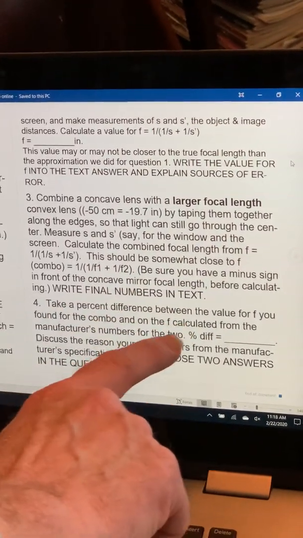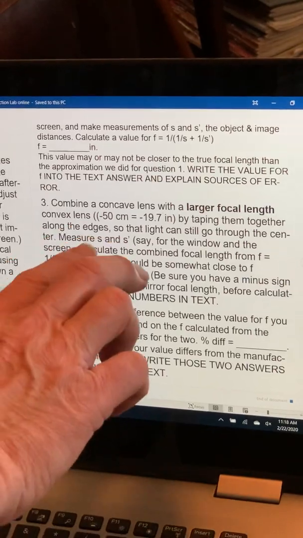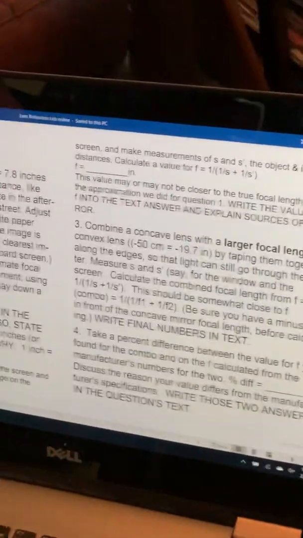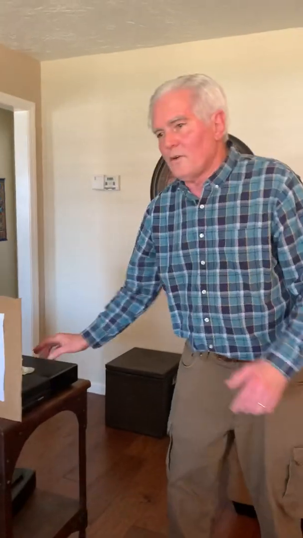So you write those numbers into the text for question 3, and you go on to question 4, and you want to get the percent difference between the calculated value from the actual focal lengths produced by the company and the value that you estimate by the object image distances. And then you want to take the percent differences between the two.